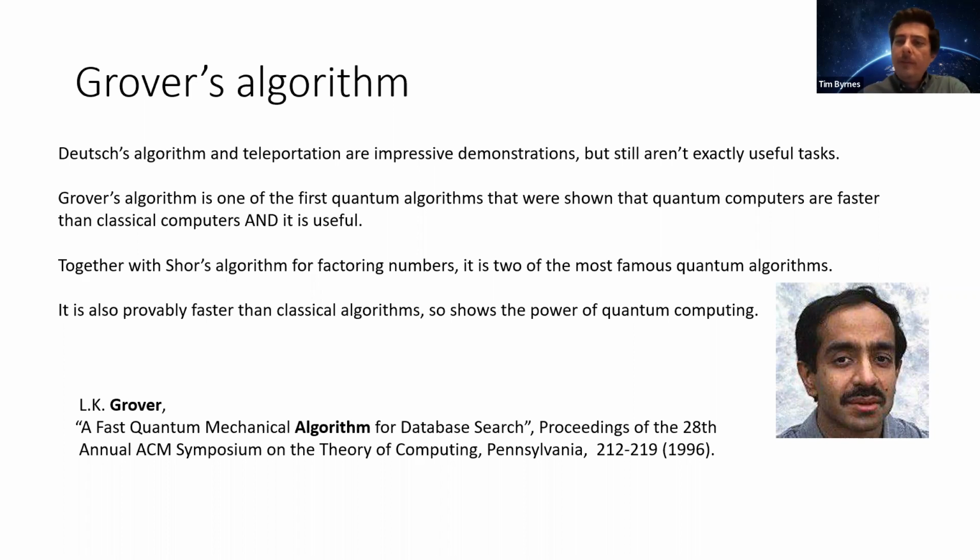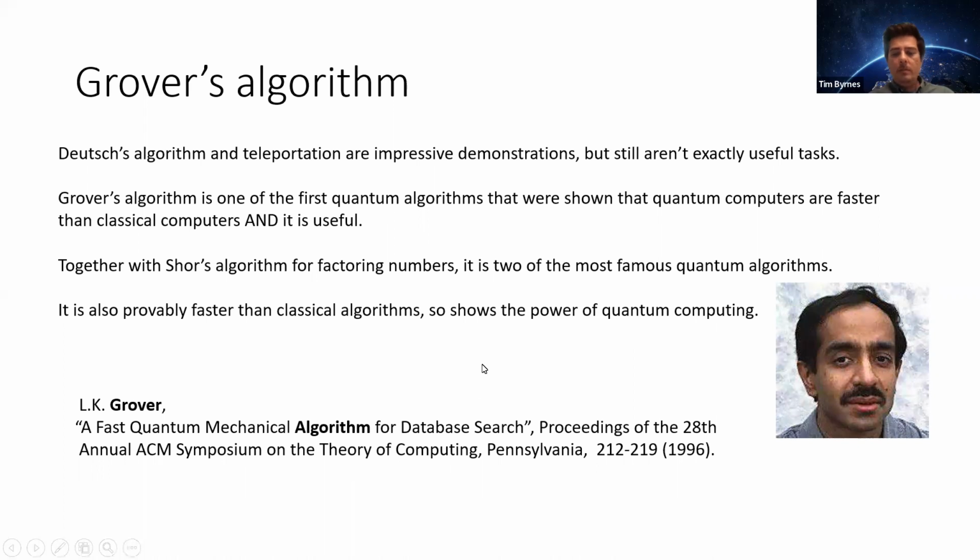There might be a faster classical way to factor numbers than something that takes exponential time, but the best known one has an exponential difference. Whereas with Grover's algorithm, we know for sure that the quantum algorithm is faster than the classical one. It was originally shown in this paper, in 1996.